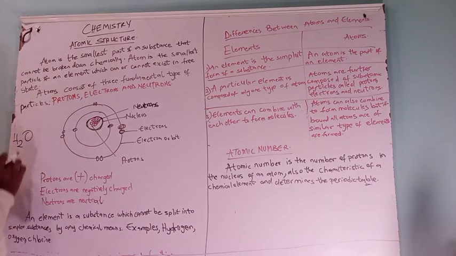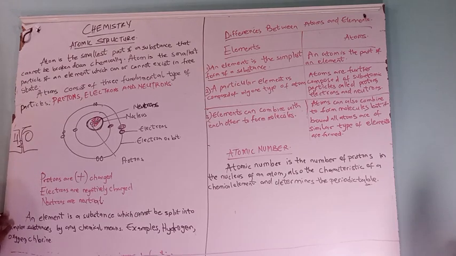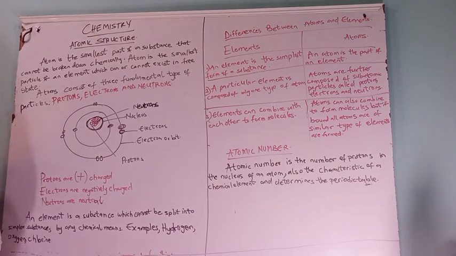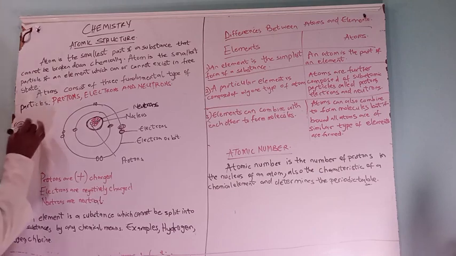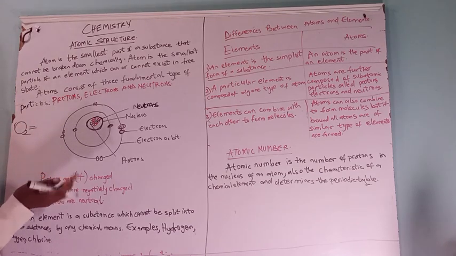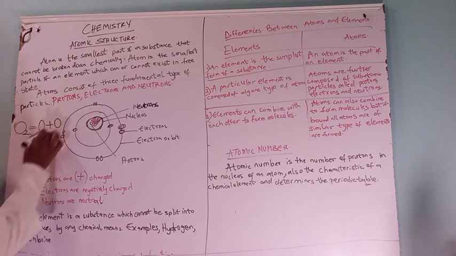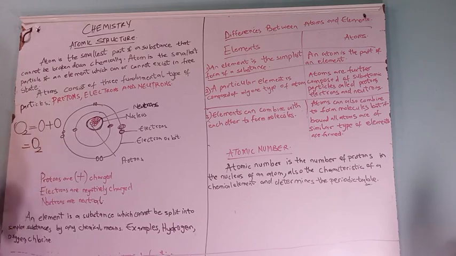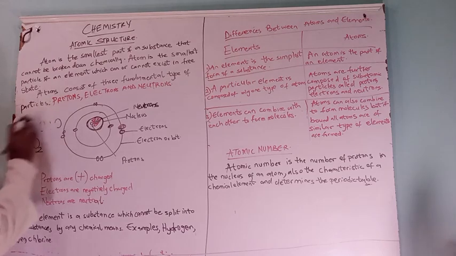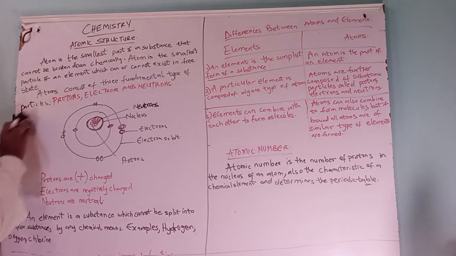H2O consists of two elements, hydrogen and oxygen, which make up a molecule. We also have another molecule of an element. You can see this consists of two atoms of oxygen, which make up an oxygen molecule. You understand? So that is the difference between atom and element.